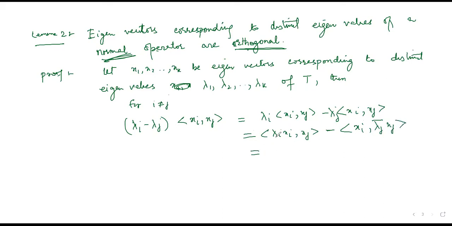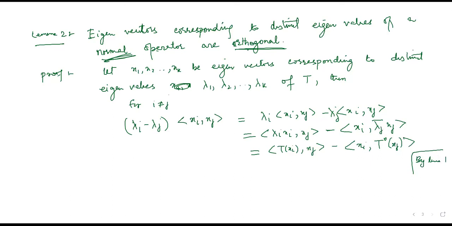But then that can be written as T of xi, because lambda i is the corresponding eigenvalue and its corresponding eigenvector is xi, comma xj, minus then I can write xi, here I can write T star of xj, isn't it? Of course, right? Because, as by lemma 1, if lambda i is the eigenvalue of T, then lambda j bar is the eigenvalue of T star.